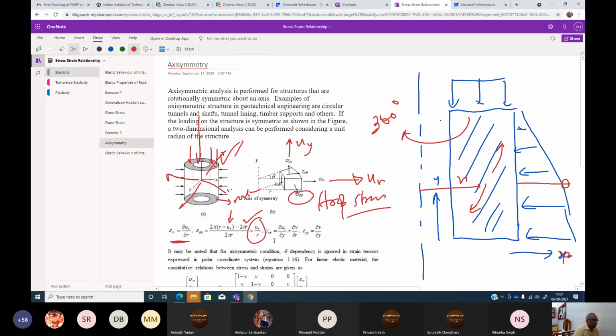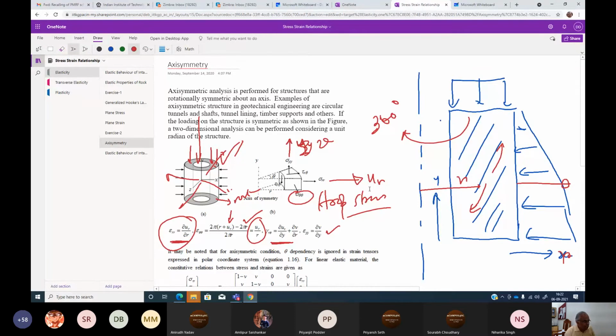So it becomes ur by r. The shear strain remains the same. Oh sorry, this is epsilon yy equals del v by del y, I have written a mistake, this is v. This remains the same, and this is just del ur by del r.